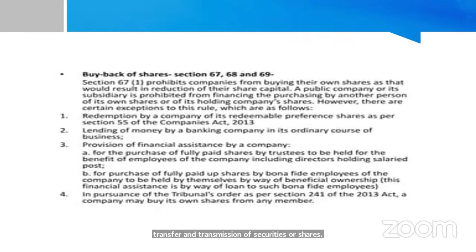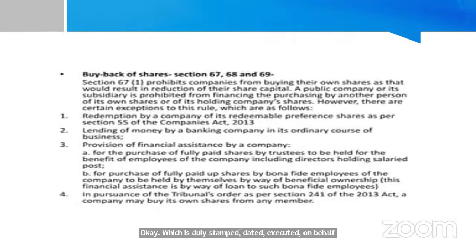Section 56 of the Act says that a company will not register a transfer of securities of the company, or the interest of the members in the case of a company that has no share capital, unless there is a proper instrument of transfer in the prescribed form, which is duly stamped, dated, and executed on behalf of the transferor and the transferee.